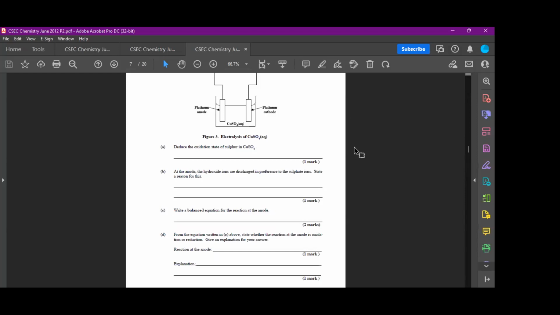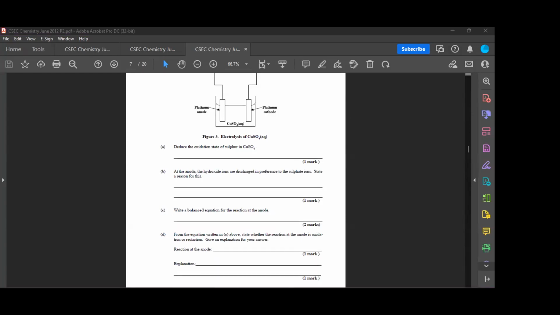O2 can never be liquid. O2 is always a gas. So the hydroxide ion is discharged as oxygen gas. Other product includes water. Of course, there was something wrong with that equation, but essentially it is correct.